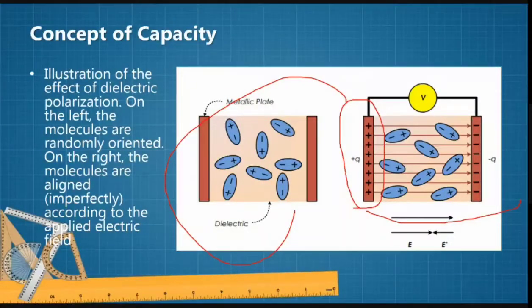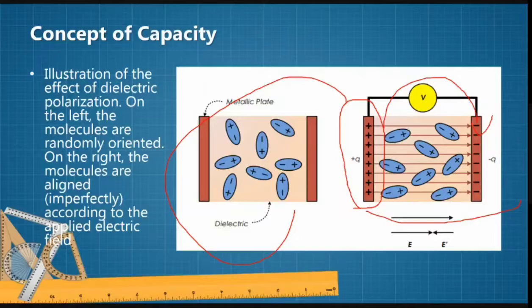Given that the electric field has the orientation from positive charge to negative charge, the field created by the dipoles of the dielectric, E, is opposed to the field created by the charge in the capacitor plates, E null.